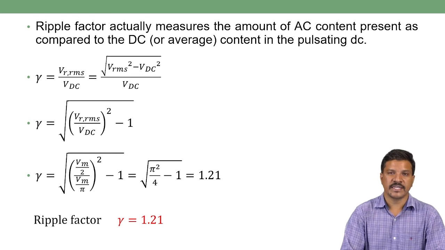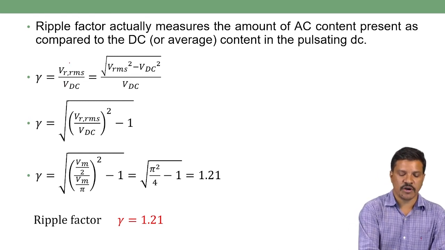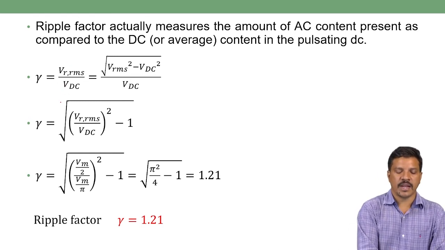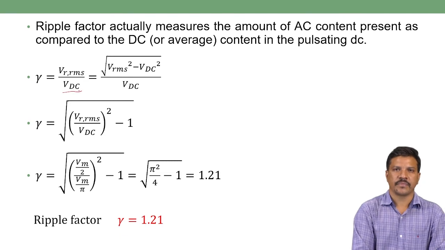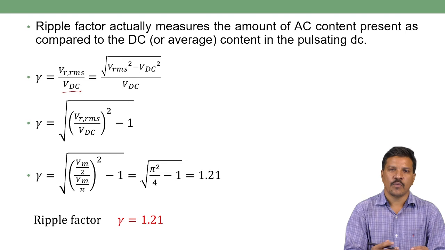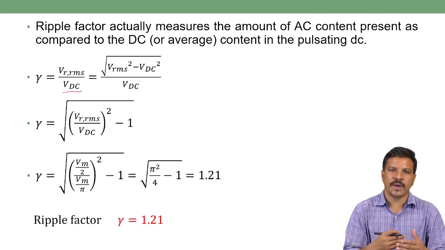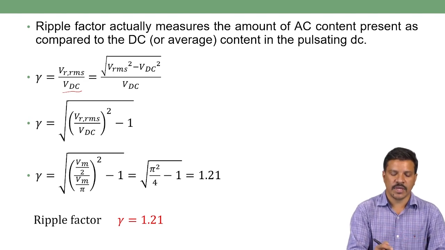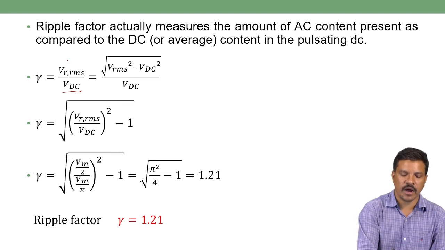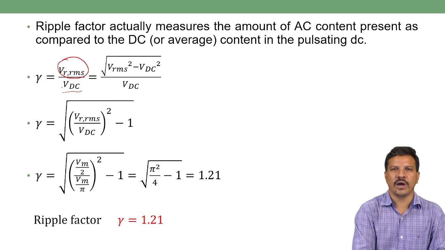Simply, it is the ratio of VR RMS by VDC, that is, the AC component in the rectified output divided by the DC component. The AC component is always measured in RMS, that's why I am taking VR RMS in the numerator, which is nothing but V ripple RMS.